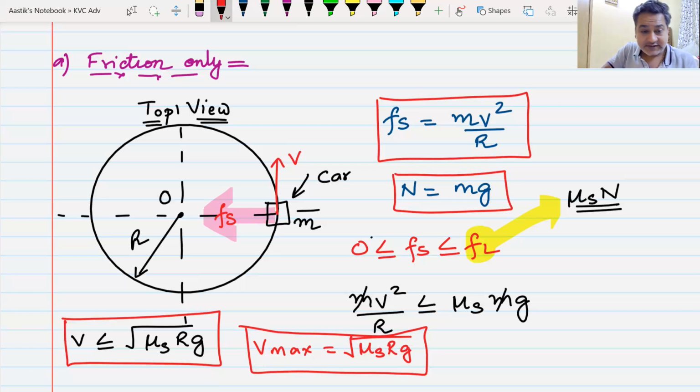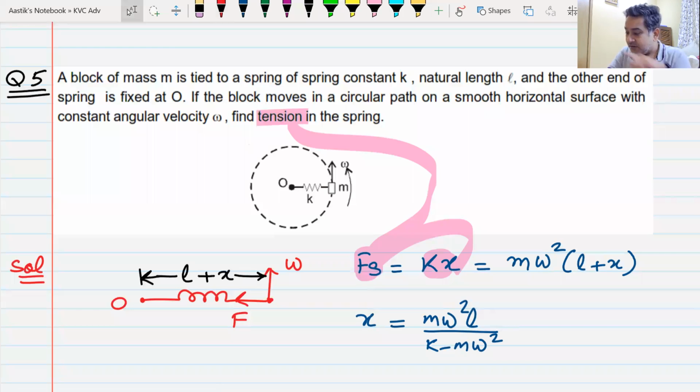If you look at this diagram that I have drawn, remember every concept of horizontal circular motion is exactly similar. Everything here is the same. Here tension was doing the same thing; there static friction is doing the same thing. The only problem is that here tension is variable because the value of x is variable, and there it is variable because static friction is variable.